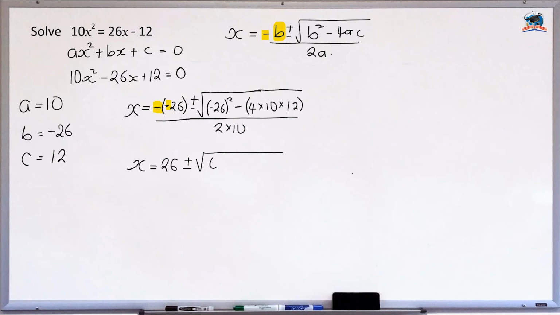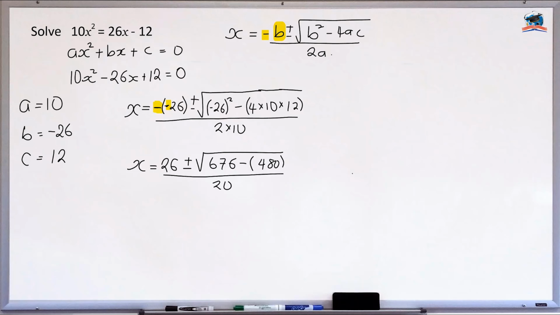That is a positive number because a negative times a negative gives a positive. Then we have the minus sign, open bracket, 4 times 10 is 40, and 40 times 12 gives us 480. Close the bracket, and then all over 2 times 10, which is 20.